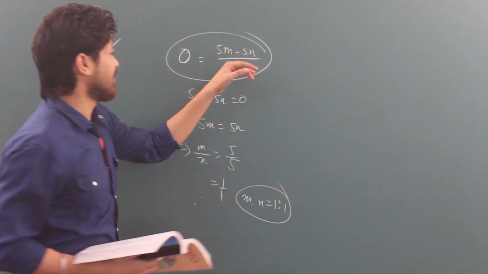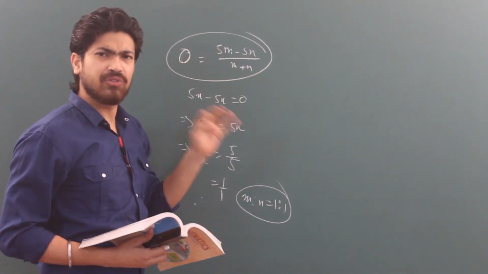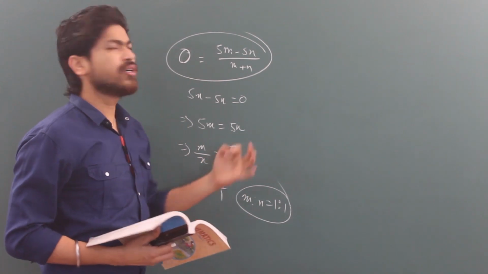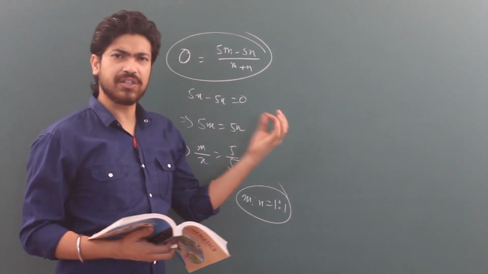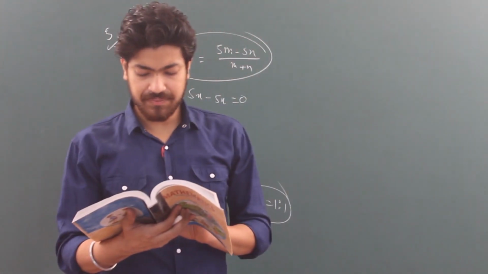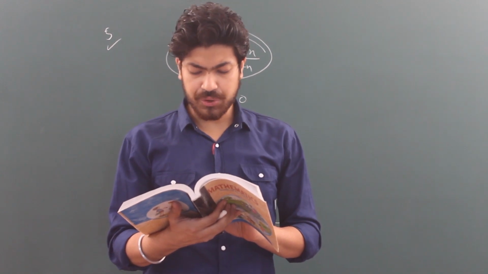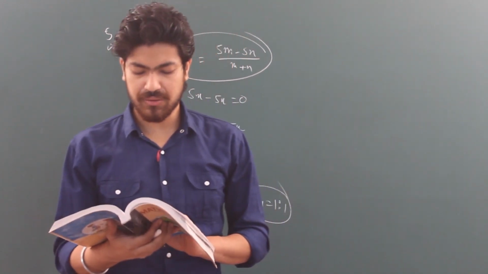Up to this much we did in the last class, and then I think you have done that. But I told you that in the next class I will do it, that is why I showed. So let's start our class. First we will do question number 9.